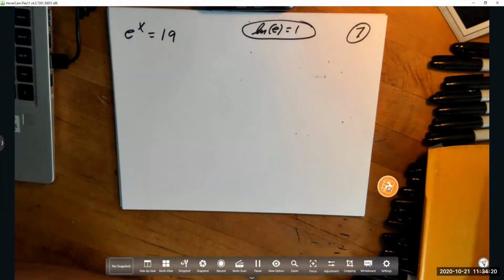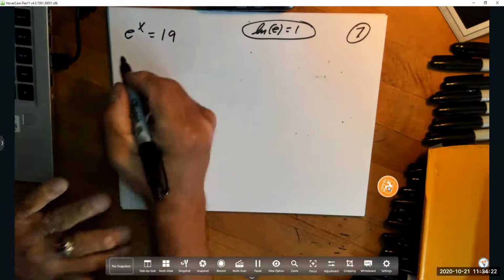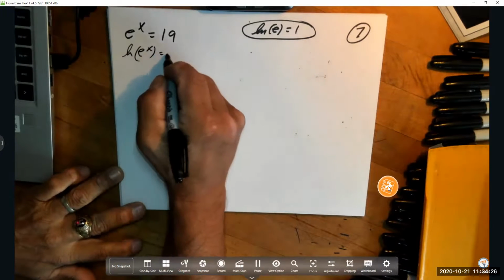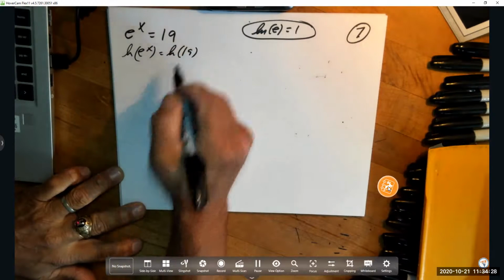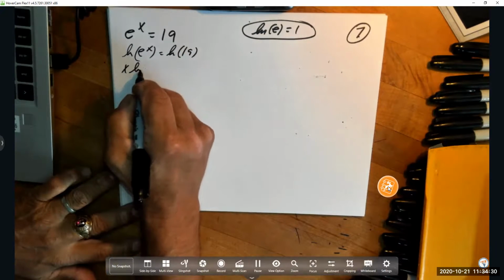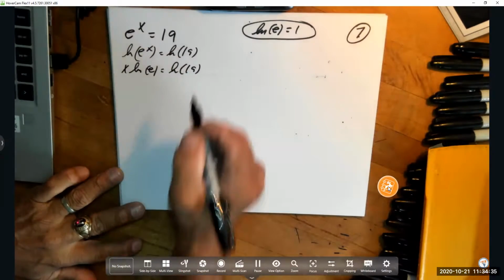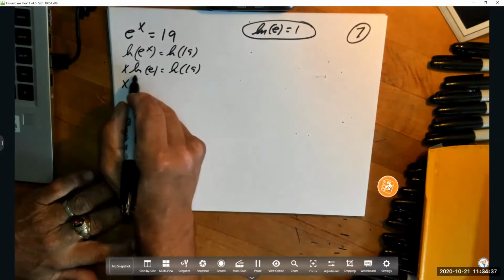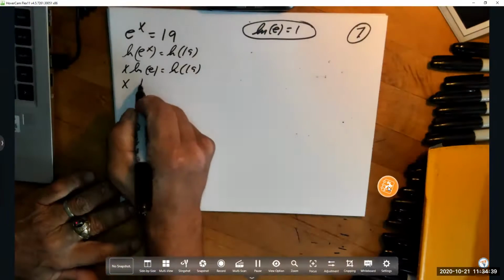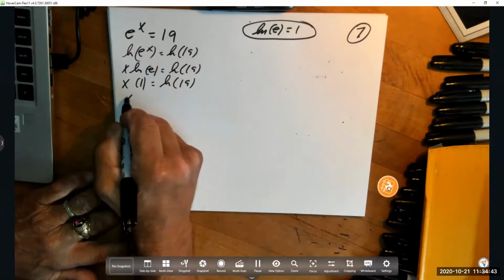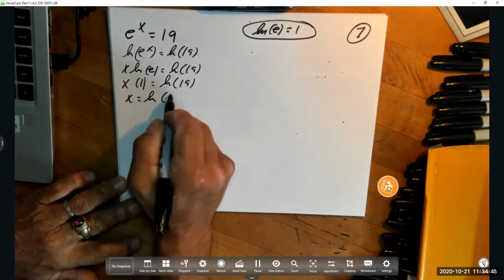So now, if I take ln of e to the x and ln of 19, it becomes x ln of e equals ln of 19. And ln of e, see right here, is 1. So x equals ln of 19.